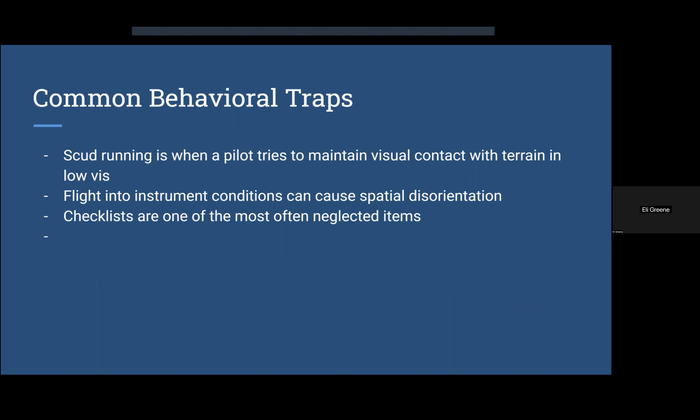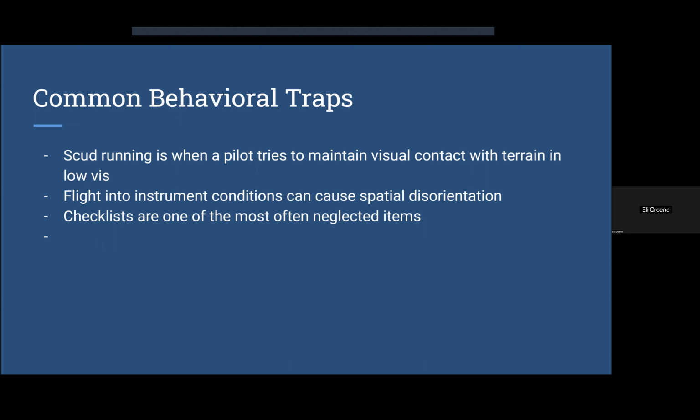Yeah, so flight into instrument conditions can cause spatial disorientation. I mean, it's actually incredibly profound. When you actually fly into instrument conditions, you'll notice it a lot more than when I'm talking about it. You can get really disoriented, especially because an airplane has 6 degrees of freedom, and so you can feel like you're accelerating when you're just tilted up, or you can feel like you're falling backwards when you're accelerating.